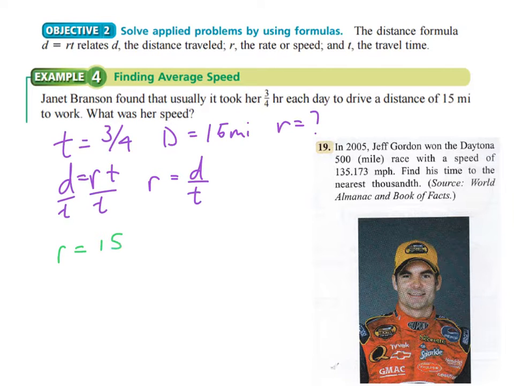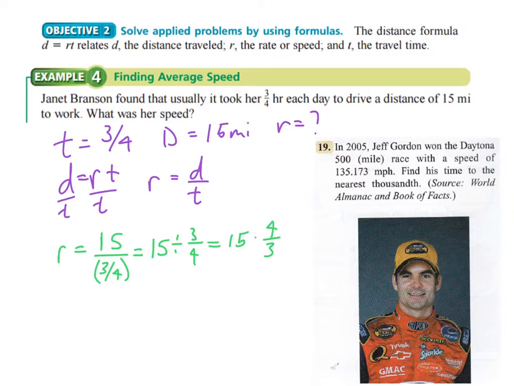So we get 15 divided by 3/4. Now, I mentioned earlier, of course, it's not really proper to have a fraction in a denominator because it's kind of a mess when we look at that. Notice, though, again, that fraction is the same as a division problem. So it's 15 divided by 3/4. And instead of dividing by 3/4, we could instead multiply by its reciprocal.